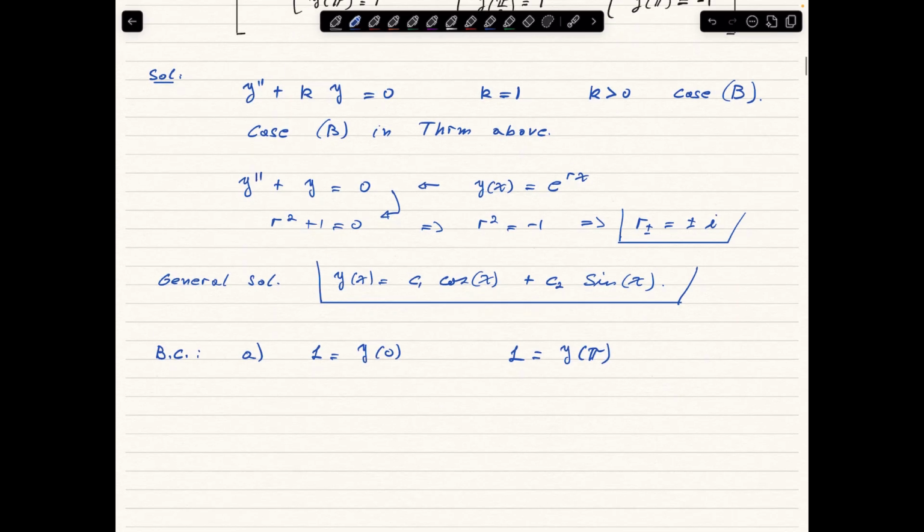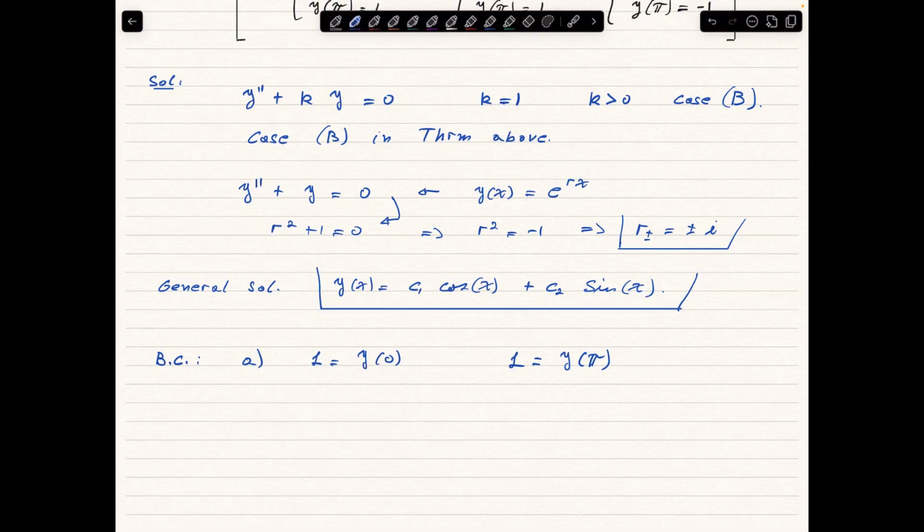What is the first condition then? So let's write it down. 1 is the function at 0. But what is the function at 0? We put 0 there, and we end up with C1 multiplied by the cosine of 0 plus C2 multiplied by the sine of 0. But we know very well that the sine of 0 is 0, and the cosine of 0 is 1.